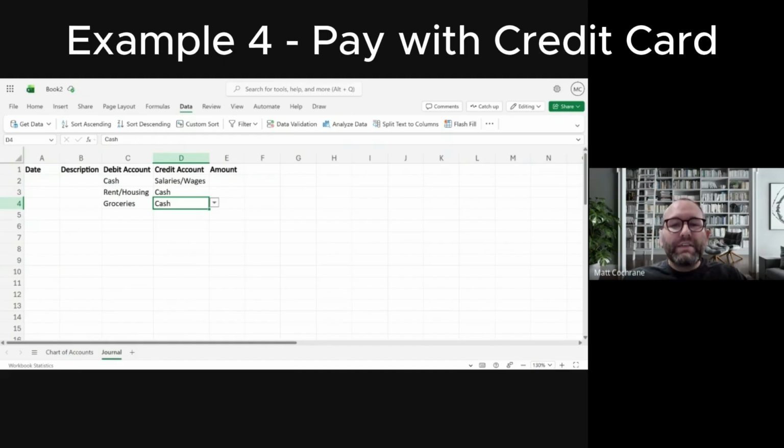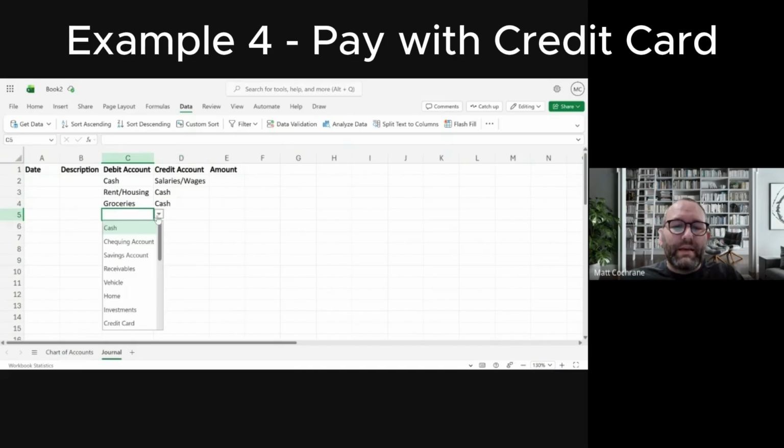The fourth example is we pay with a credit card, just any sort of expense here. Okay, so let's say that the expense that we're paying for is dining out. Okay, so we go out for dinner, we dine out. That's an expense, so we have to increase that expense account.